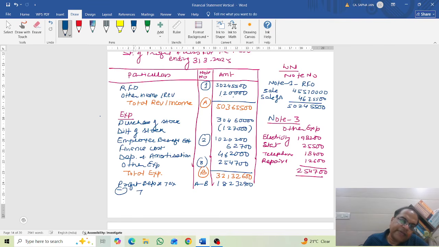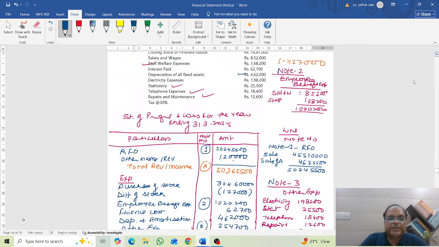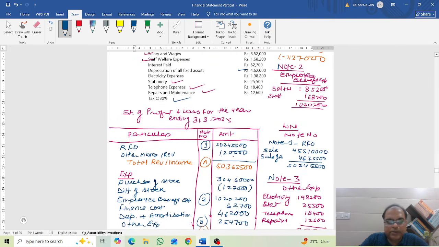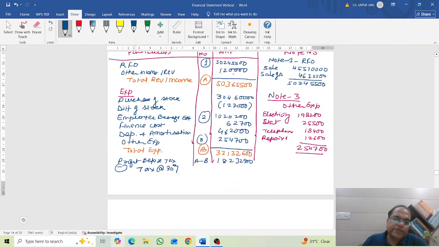So now subtract tax at the rate of 30%, which is given in the question. Subtract tax at the rate of 30%. So calculate the tax 30% on profit before tax. This is 5,46,9870.